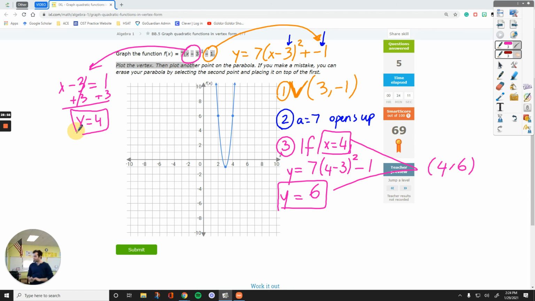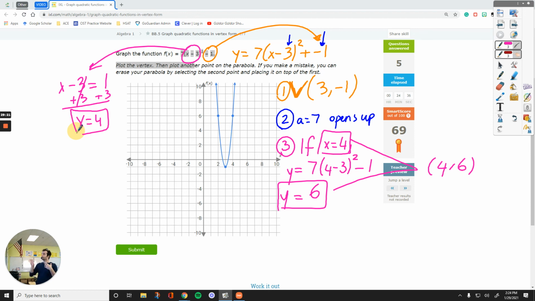Let's wrap it up. So what we learned today was how to graph a vertex form. The given equation could be in the vertex form, or it'll be very similar, but you'll need to make some modifications to make it look like a times, in the parentheses, x minus h squared plus k.